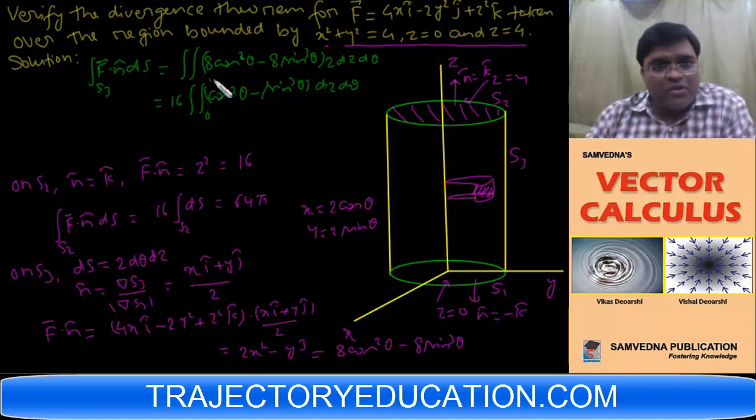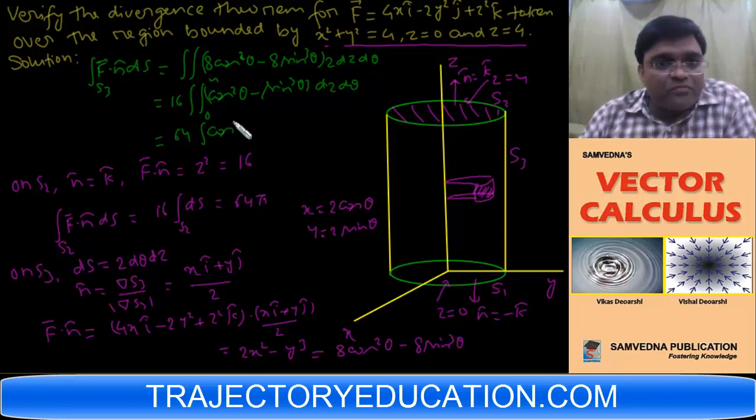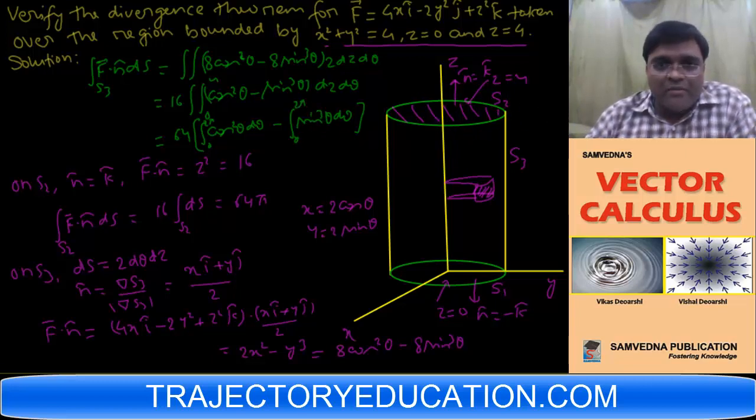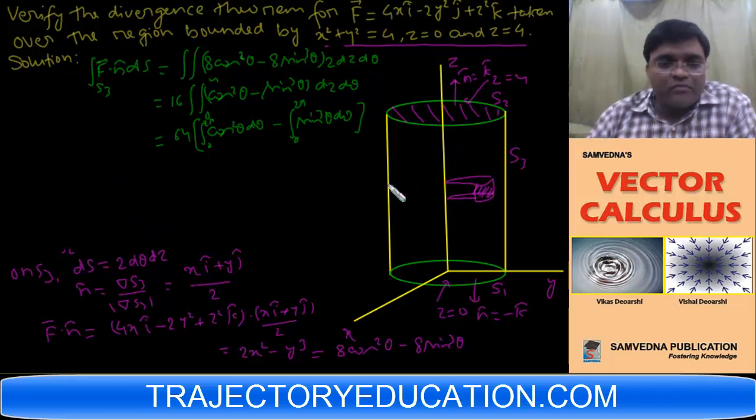Z varies from 0 to 4, so this comes to be 64 times the integral of cos square theta d theta from 0 to 2 pi, minus the integral of sine cube theta d theta from 0 to 2 pi.